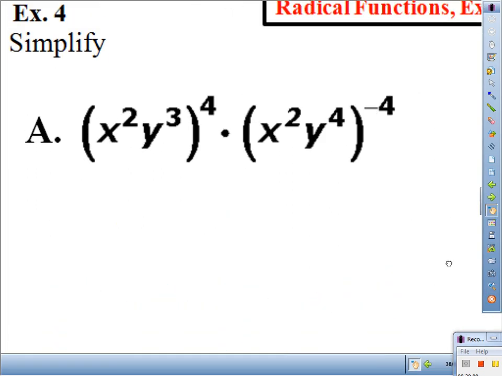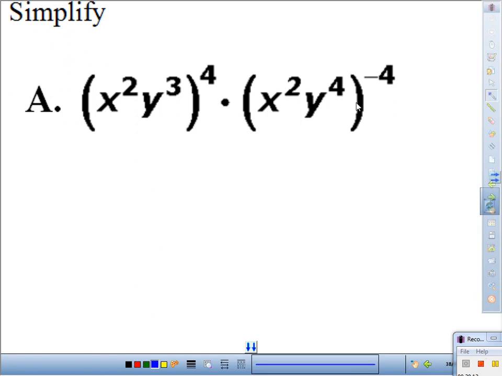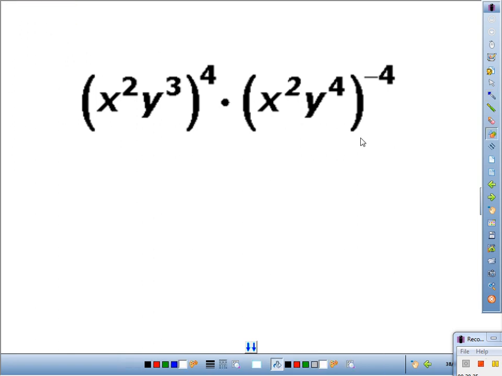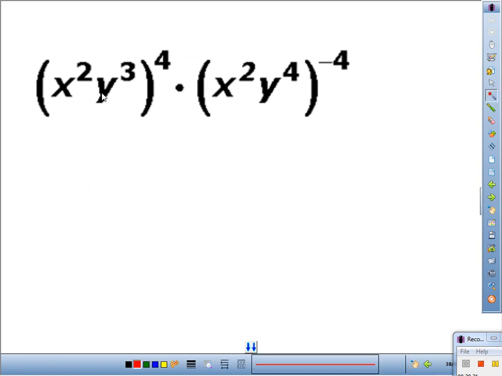Start with this one. Example 4A. We got parentheses, x to the second, y to the third, close parentheses to the fourth, times, open parentheses, x squared, y to the fourth, close parentheses to the negative 4. All right, Kenzie, pass someone. Ethan, get me started with this part.